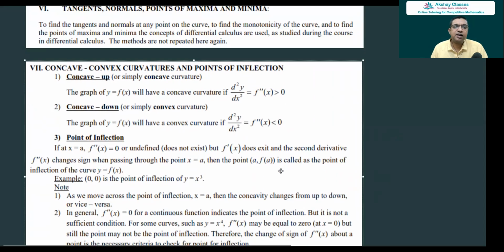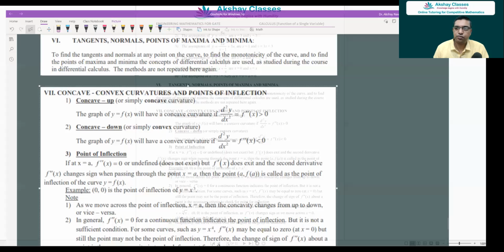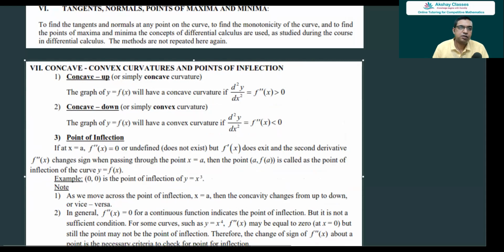And if the second derivative is 0, and the second derivative changes sign when passing through that point where the second derivative is 0, then that point a comma f of a is called the point of inflection.